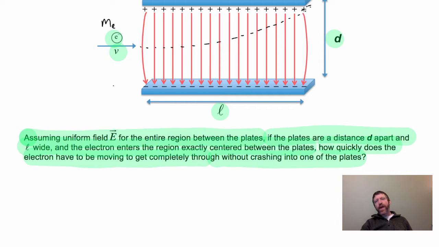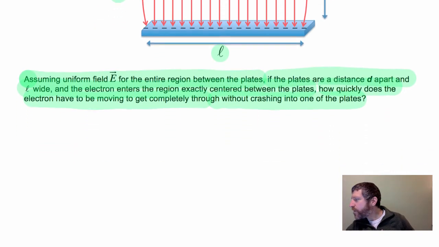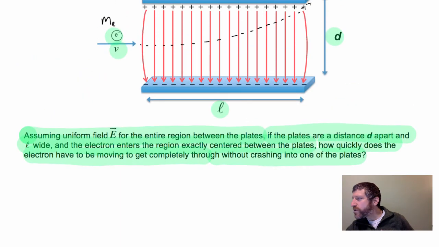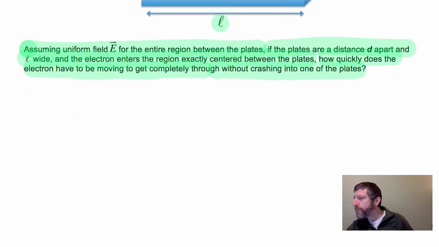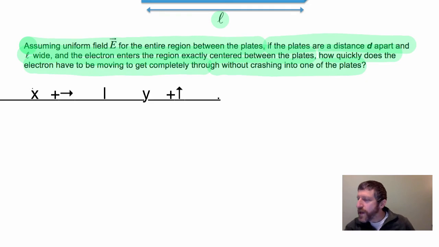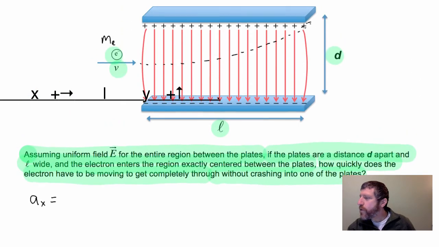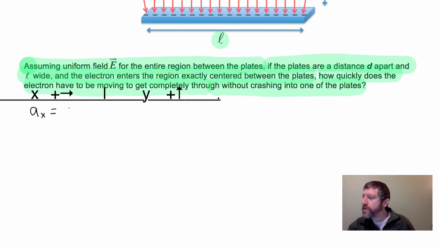So that's going to be the path of it. Let's go ahead and set up our equations for this, really just similar to a projectile motion problem. What are our givens? Acceleration in the x direction is going to be what? There are no forces in the x direction. It's going to be 0. What is the acceleration in the y direction, though?